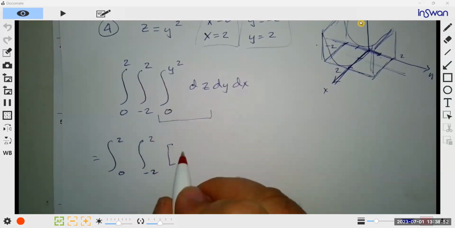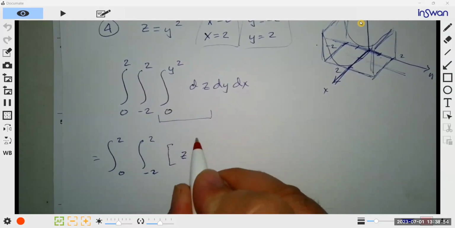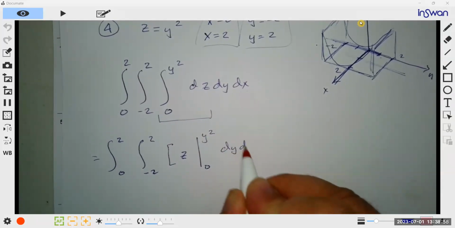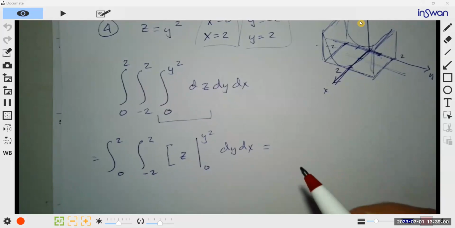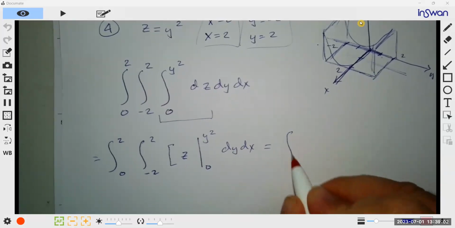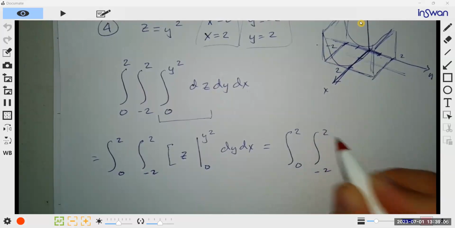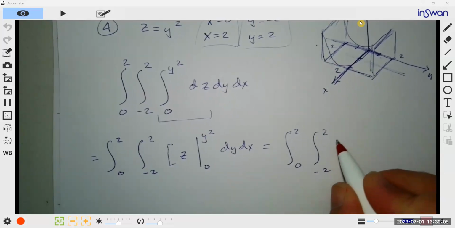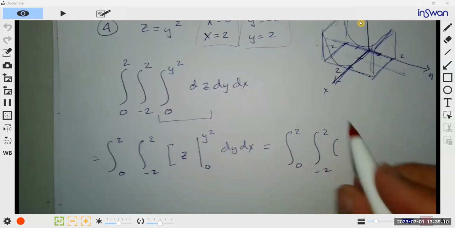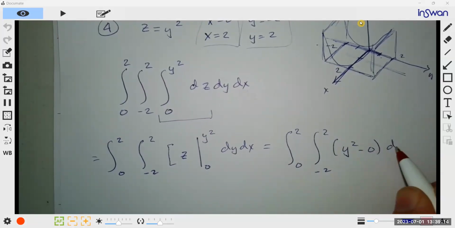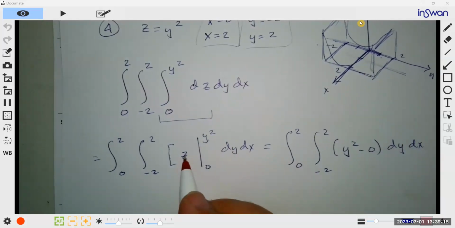So the integral of 1 is z from 0 to y squared, with y from -2 to 2. So z becomes y squared minus 0. Now start with dy.